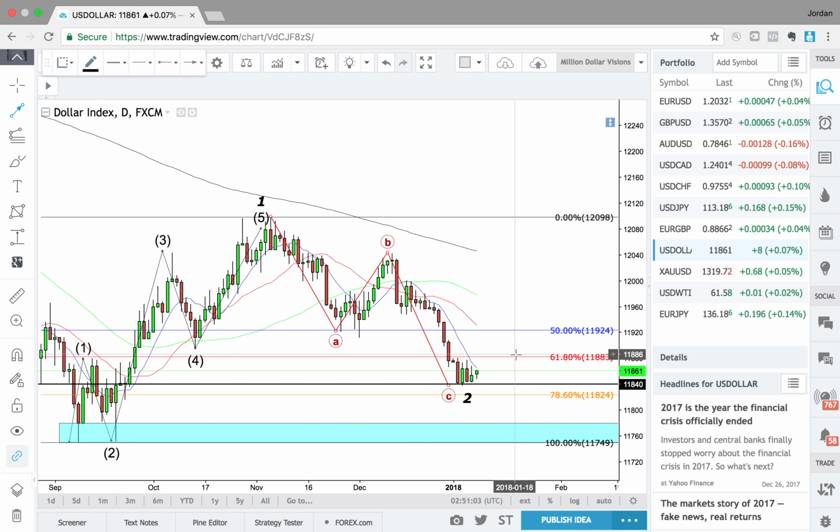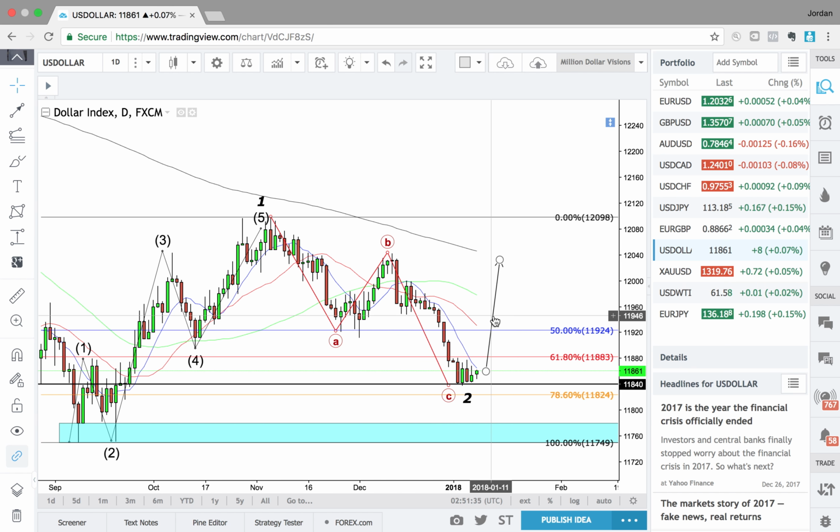Now, we might get something like this, a pullback up into here before we go lower, might get a nice bullish move up until where the B leg terminated, then a little pullback. But I'm pretty sure we will ultimately see a nice third leg where the dollar will finish higher than right here where this one leg terminated before we made this correction.